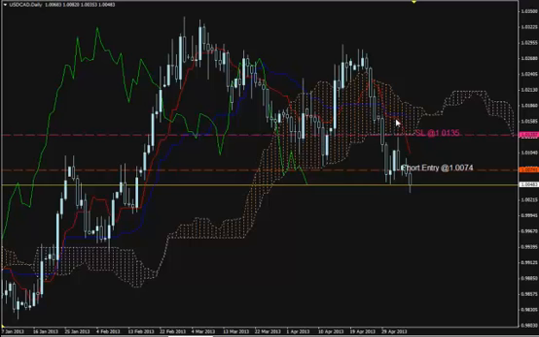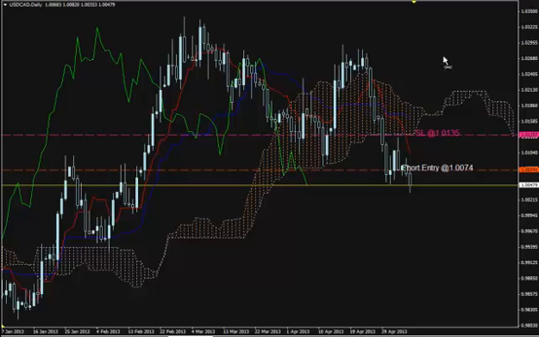The Tenkan-sen, the red line, is above price and it is sloping downwards, clearly bearish. Kijun-sen, the blue line, is above Tenkan-sen and it is turned downwards, bearish. Chikou-span, the green line, is below past price action and it is turned downwards.